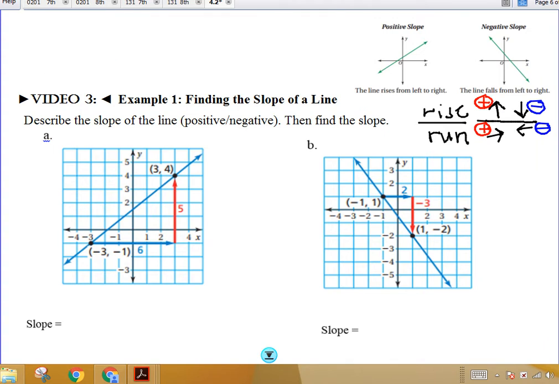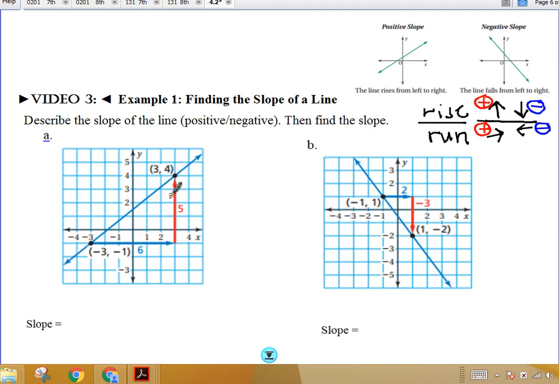In this example, if you follow the arrow, it's starting at (-3, -1), and it's going across 6 units, so it's going to the right 6 and 5 up.